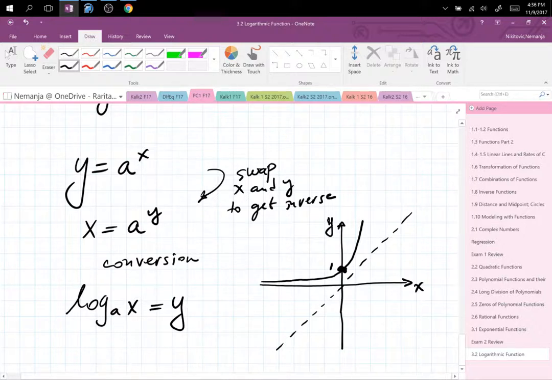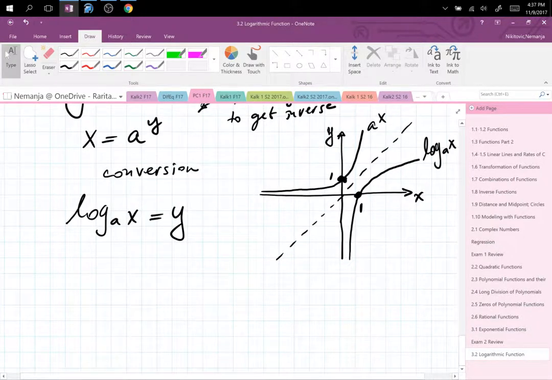Which means that since this is our a to the x, our log function has to look like this. It has to be symmetrical on the y equals x line, and this is log base a of x. So now we derived how the basic graph looks without computing points, because we use the inverse of exponential and then the graphical trick which shows the reflection.